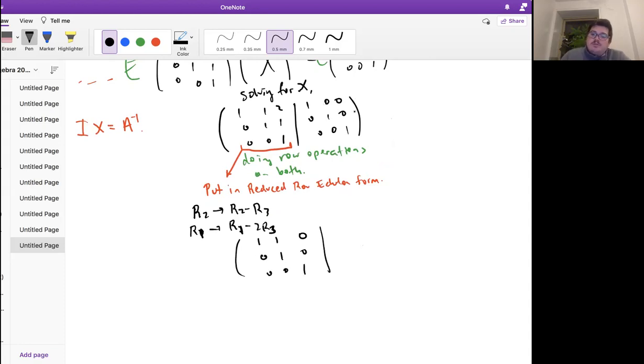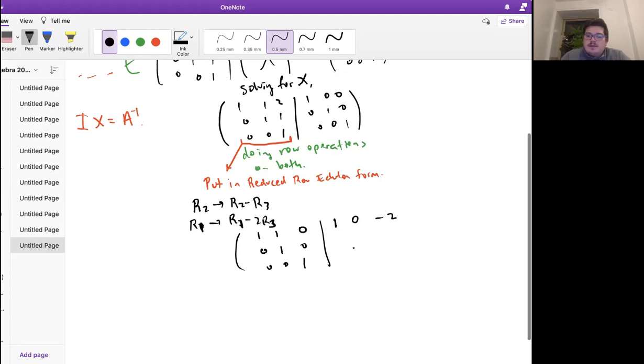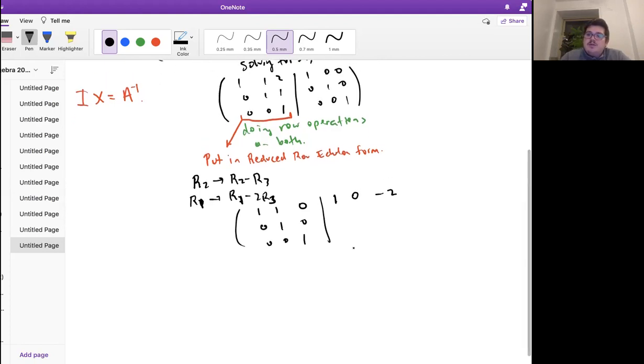So what is row 1 going to look like on the right? What's row 1 minus 2 row 3? Yes, 1, 0, and negative 2. And then what's the second row?